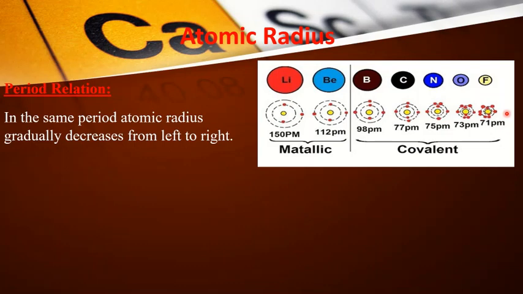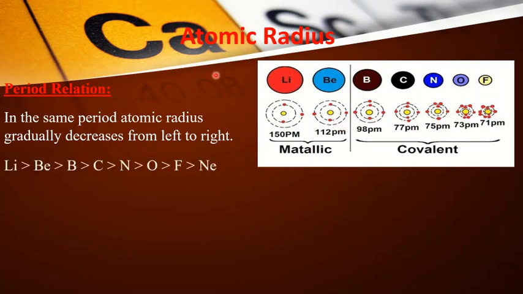That means the nucleus is more positively charged. So the nucleus attracts the valence shell more for neon or fluorine or oxygen than lithium or beryllium. So when the nucleus attracts the valence shell, the radius becomes decreased.